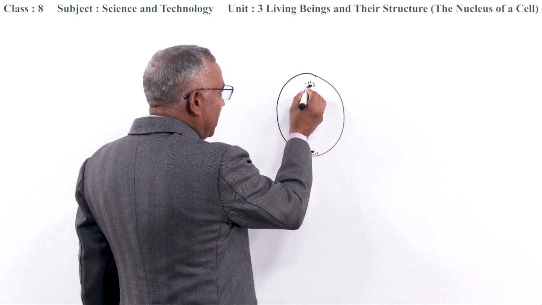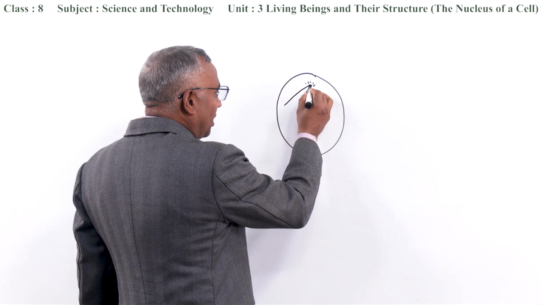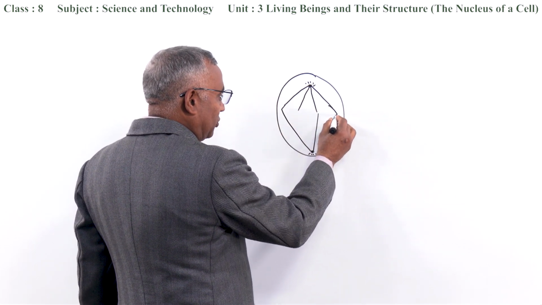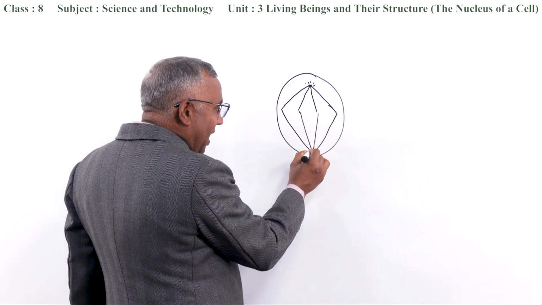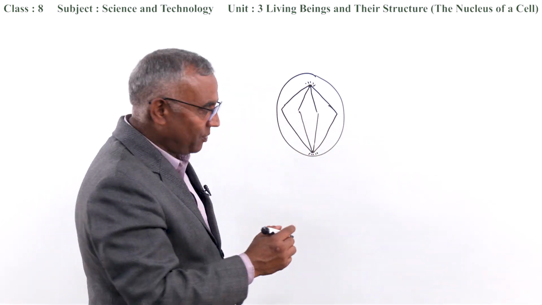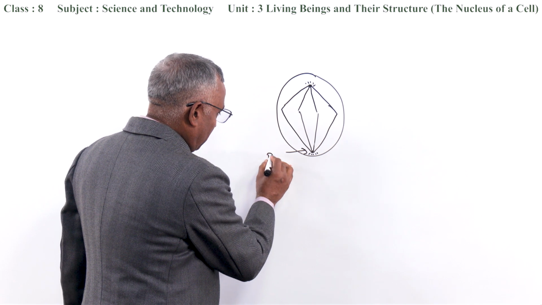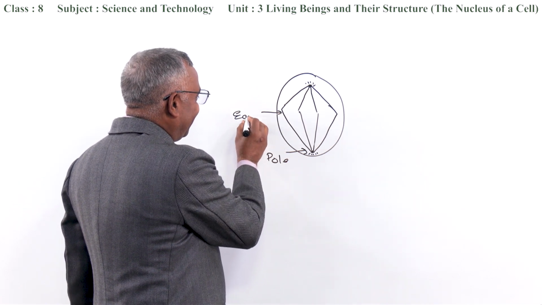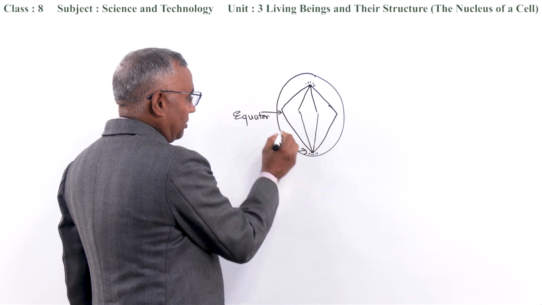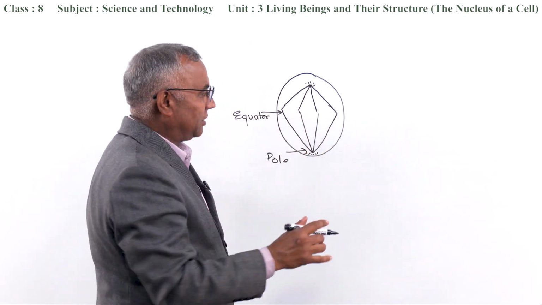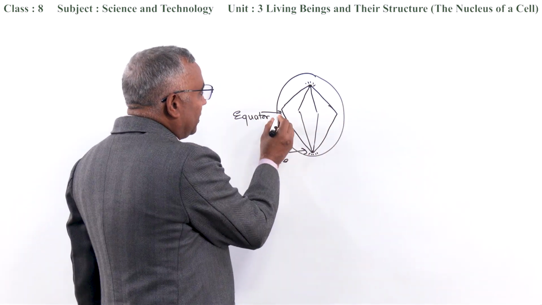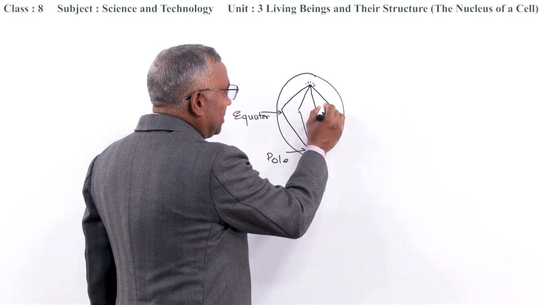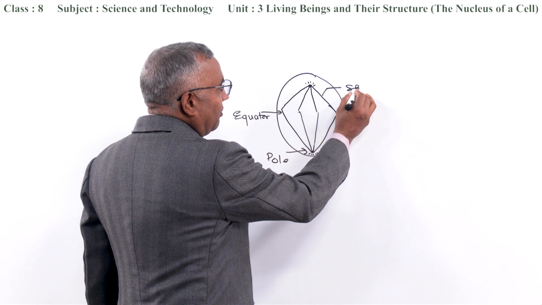Yes, and in fact some thread-like structures are formed inside the cell which are attached at the two ends of the cell, and the ends at which they remain attached are called poles, and the middle portion is called the equator, like the earth. Equator at middle. In my diagram that is a little bit hard, doesn't matter, it is about the middle, where there is maximum distance between these fibers, and these fibers are called as what? Spindle fibers.